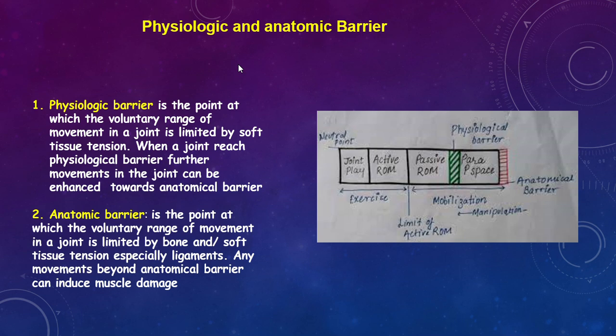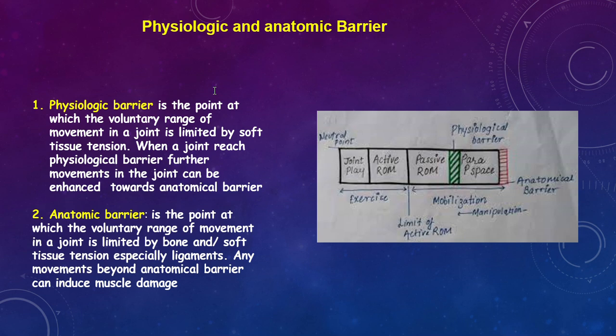The bones, the muscles. What is stopping my movement from going any further? It's got to be the muscles, the tendon, the ligament, because they've reached their elastic limits and I can't stretch them any further. So I have reached a barrier of movement called physiologic barrier. Physiologic barrier usually comes at the end of active movement. Do you understand? And the barrier is normally constituted by structures like muscle, tendon, and ligament.